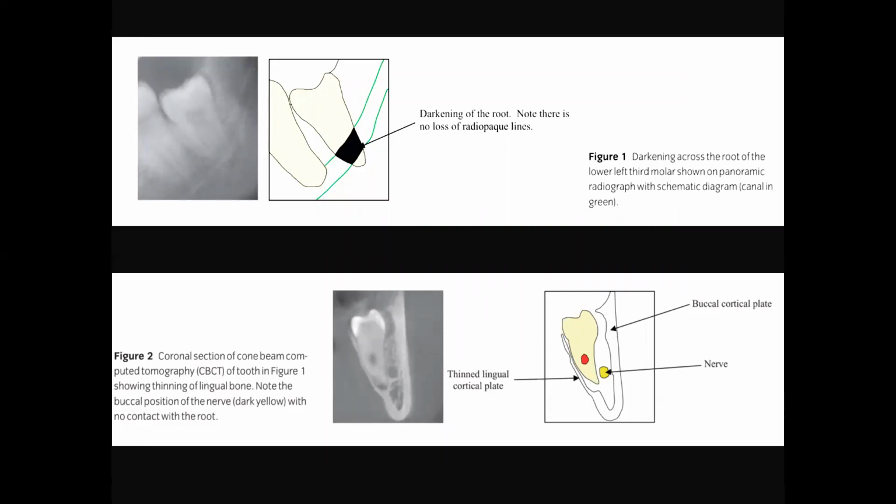Now, when we take a CBCT, this darkening shadow is not necessarily impinging on the roots. It could be present on the buccal side or on the lingual side. This is a limitation of two-dimensional imaging. Two-dimensional imaging will never help you realize whether it is present on the buccal side or the lingual side. It can just show that they are on the same plane. In this scenario, it was present on the lingual side.